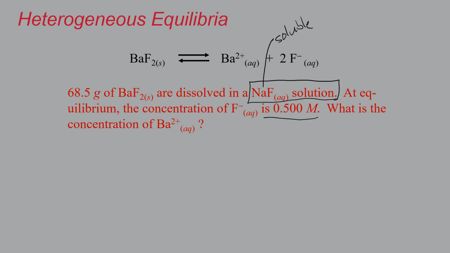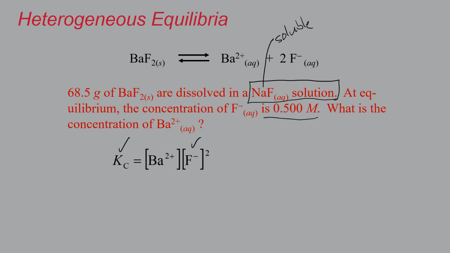So with that in mind, let's figure out what the concentration of barium is. We know that the equilibrium Kc expression is just going to be barium concentration times the fluoride concentration squared. Now, we already know Kc. We were told the fluoride concentration. So then it's just a matter of rearranging and solving for the barium.